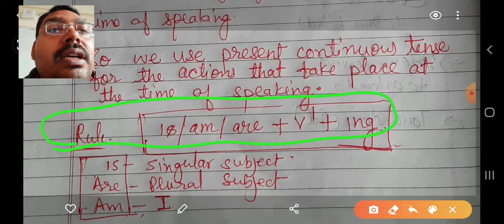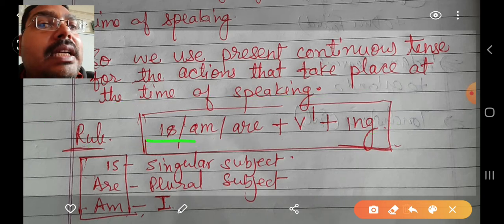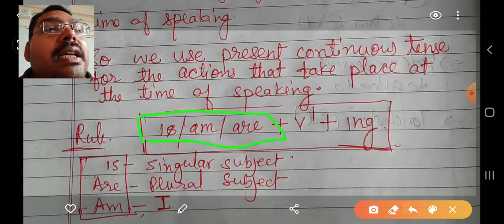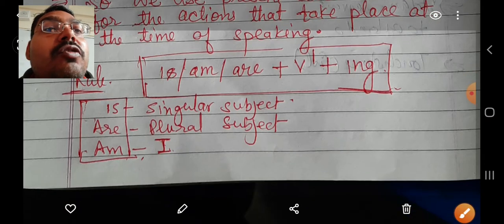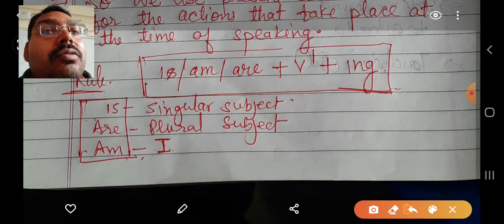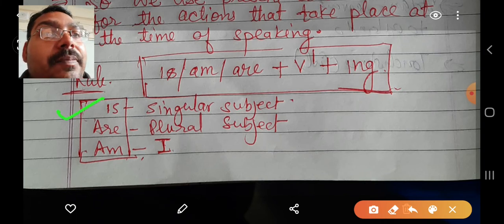And here we use helping verbs like is, am, are for present continuous tense. These you need to keep in mind. Now where do we use is, where do we use are, where do we use am? This is also a thing to keep in mind, that we use is with the singular subjects. Singular means one.